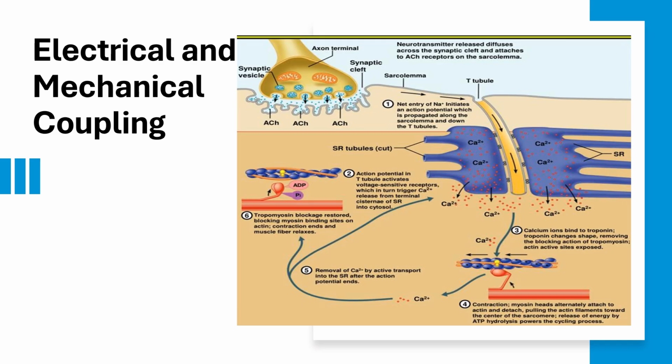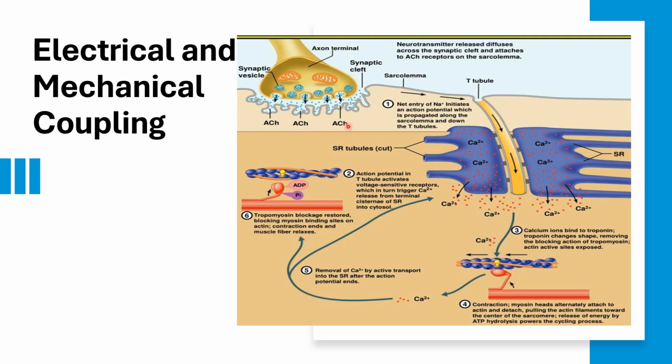So now that we've seen how a nerve impulse crosses the neuromuscular junction, let's connect that electrical spark to the actual mechanical contraction of the muscle fiber, the process known as excitation contraction coupling. The sequence begins when the nerve action potential depolarizes the motor terminal, producing an end plate potential in the muscle membrane.